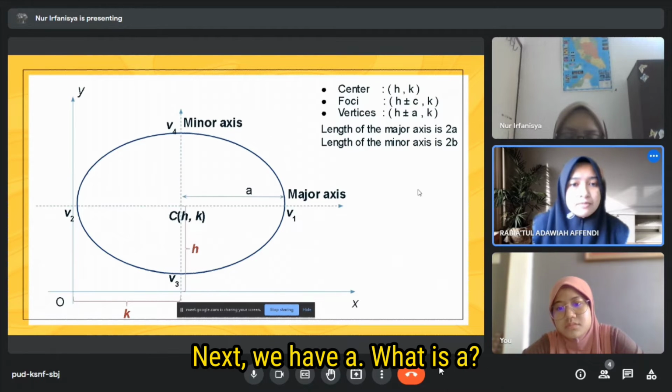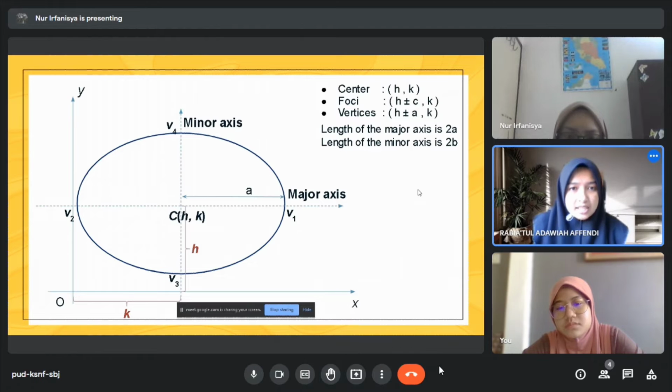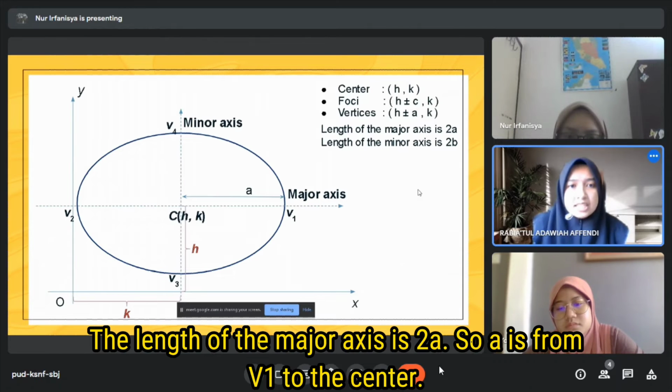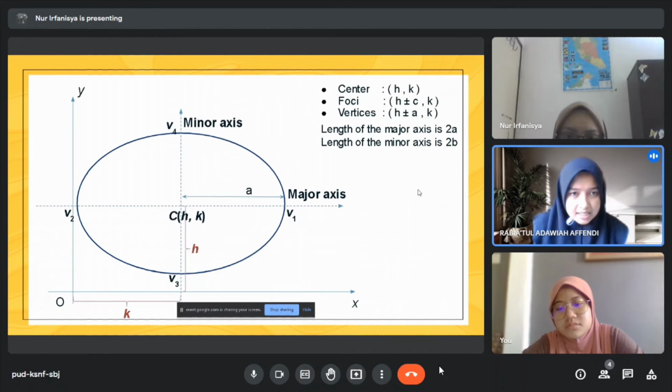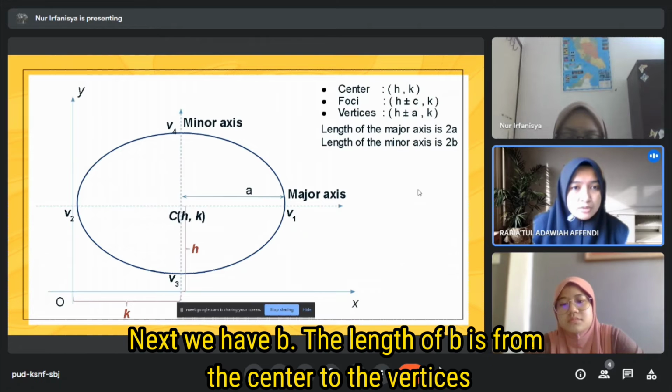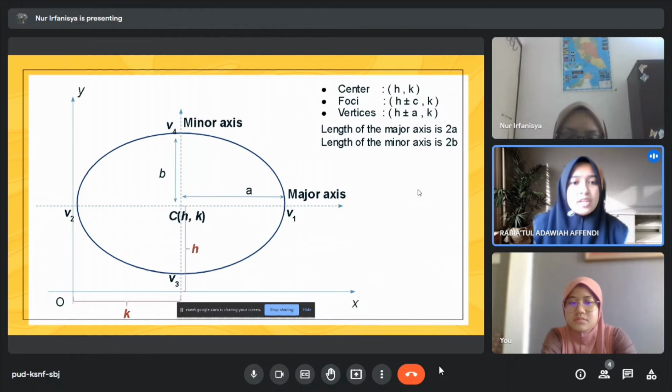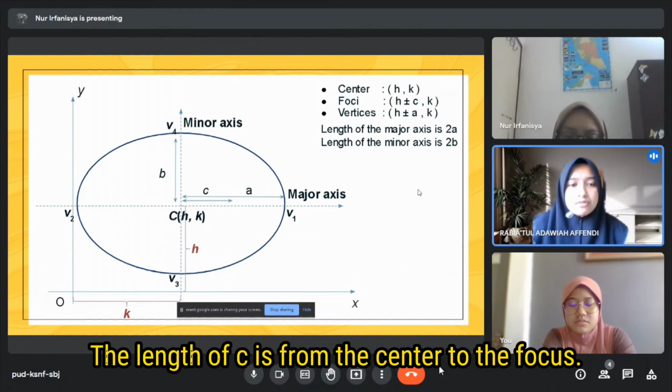Next we have a. Since the length of the major axis is 2a, a is measured from V1 to the center. Then b is the length from the center to the vertex V4. And c is the length from the center to the focus.